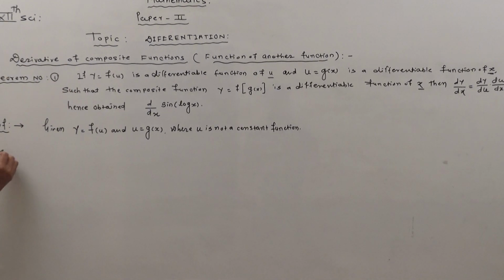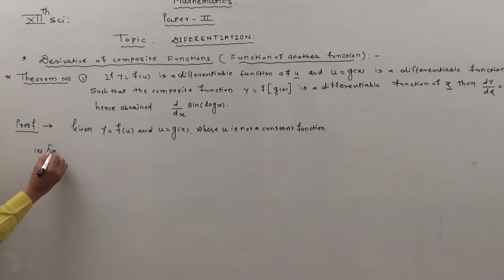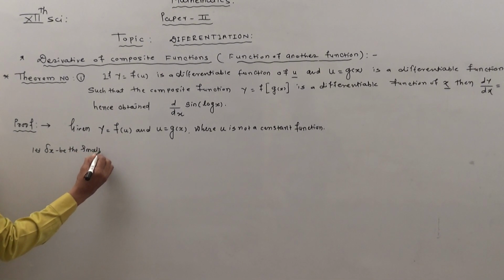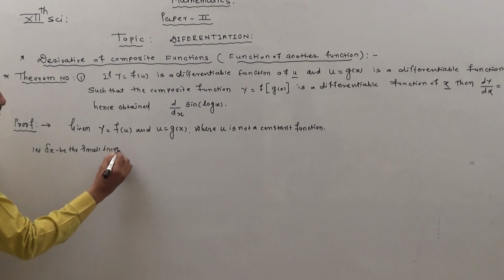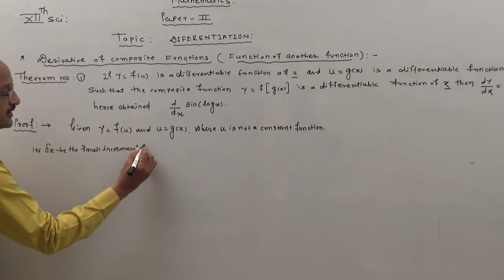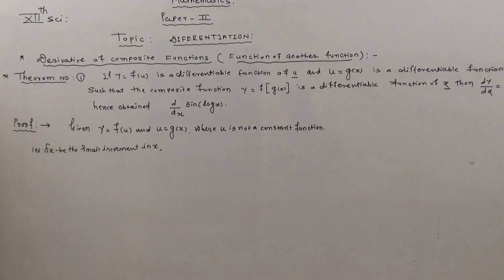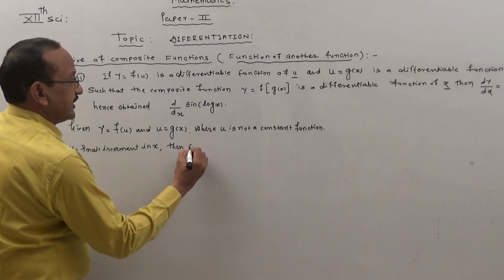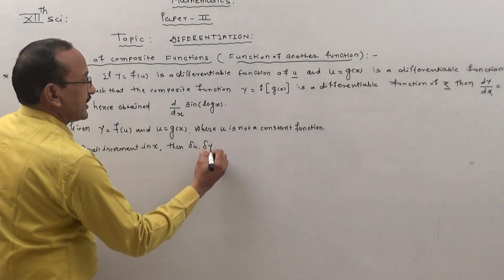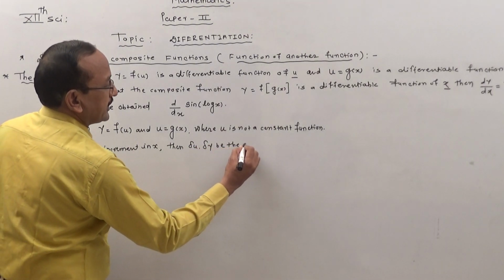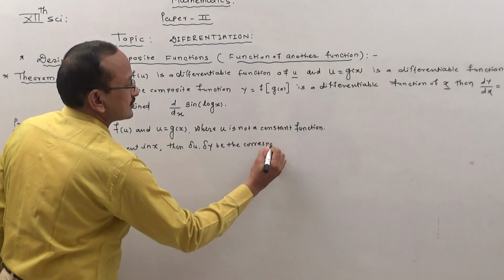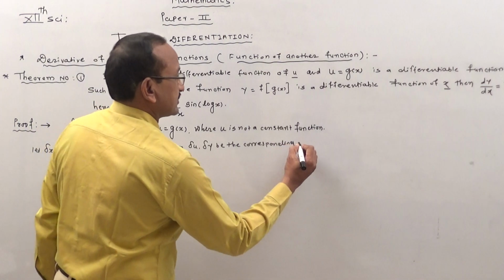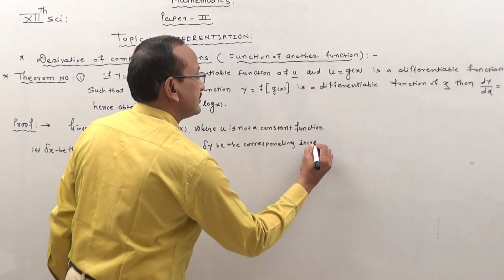Now let delta x be the small increment in x, then delta u and delta y be the corresponding change or increment in the functions.